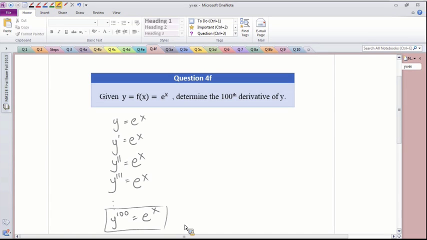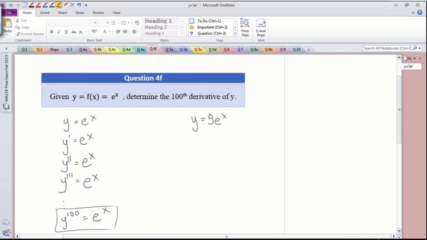Well, 5e to the x is a different story, because it would just multiply over and over again. I'll just do this on the side real quick. If y is equal to 5e to the x, what's the derivative of... No, 5e to the x is actually the same thing. I'm sorry, I was thinking of e to the 5x.